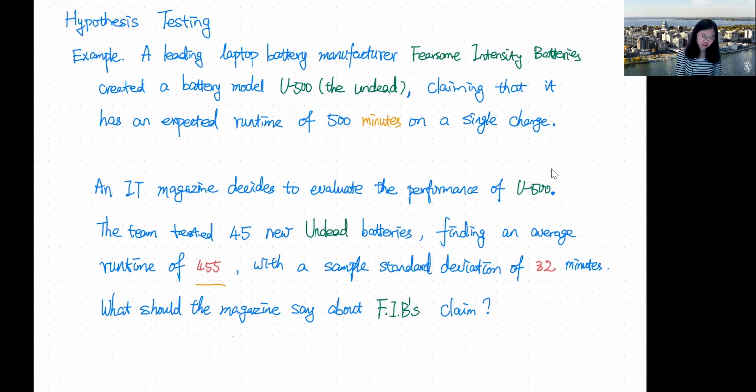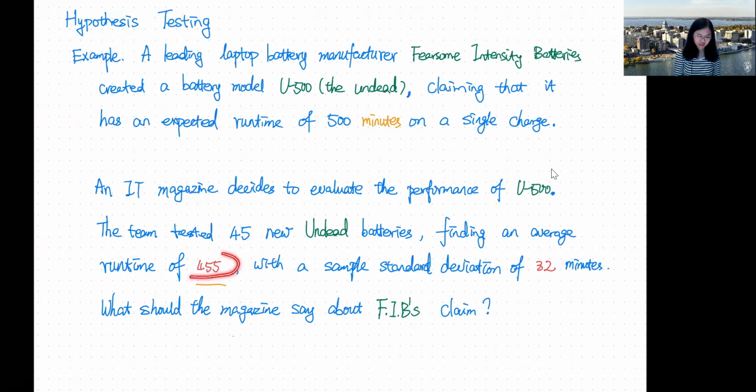Well, if you just look at the point estimate, 455, it looks like that is lower than the claimed population expectation, 500 minutes. But you also found a sizable variation in the battery runtime.